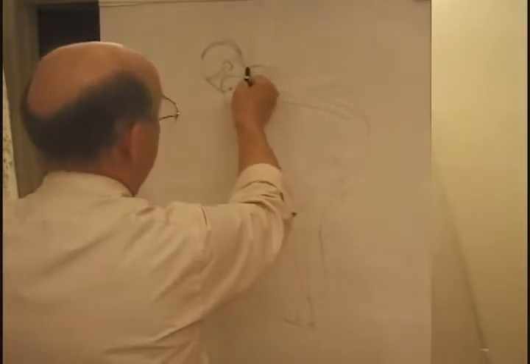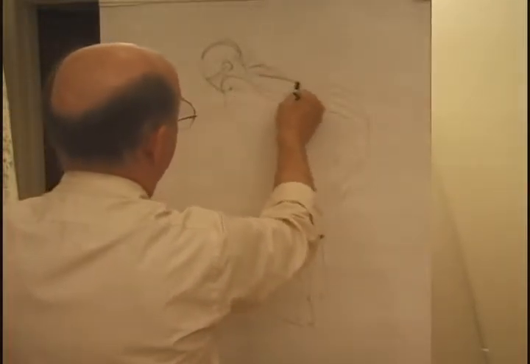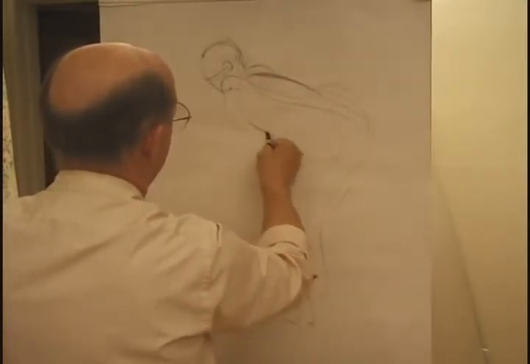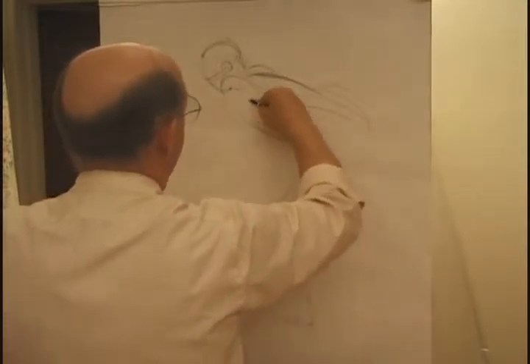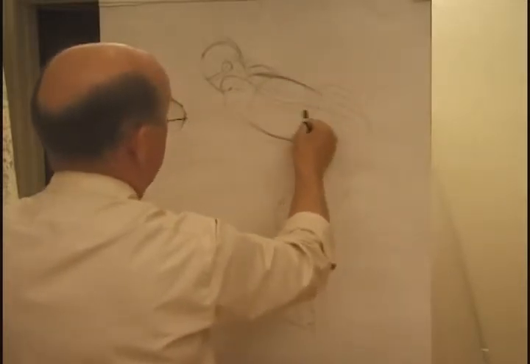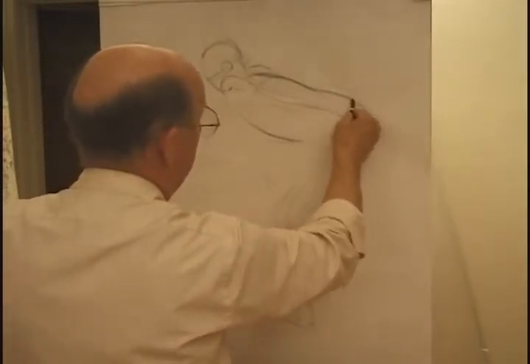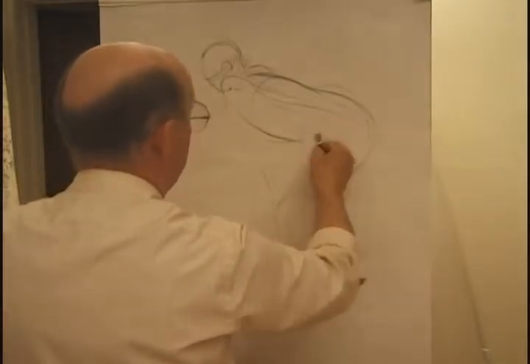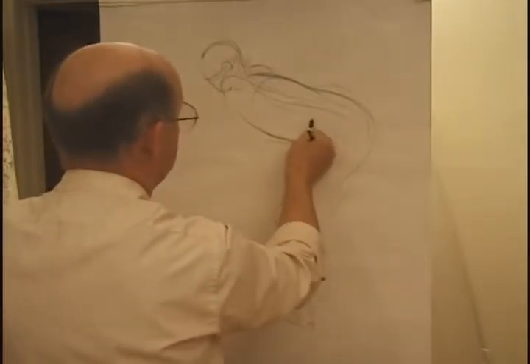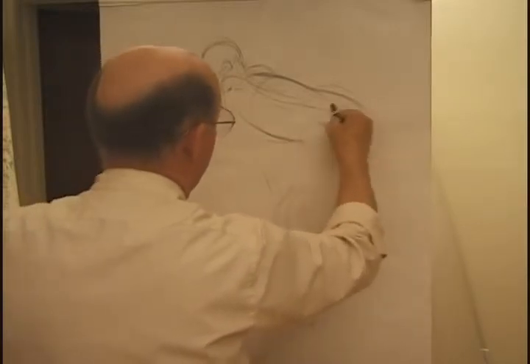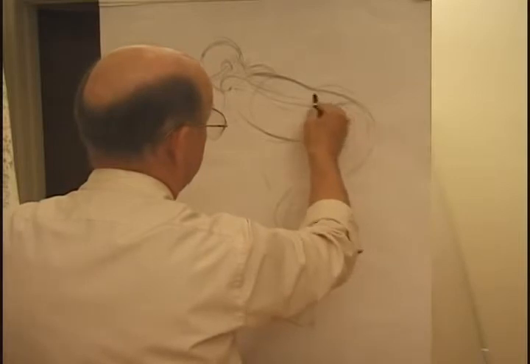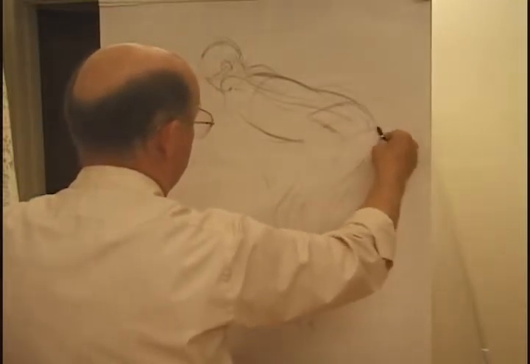Okay, now I'm visualizing the volume of the rib cage, trying to see through here, thinking this is round. Okay, now as I look at the whole pelvic area, I see this as a box type form that is going away from me, this way, coming through.